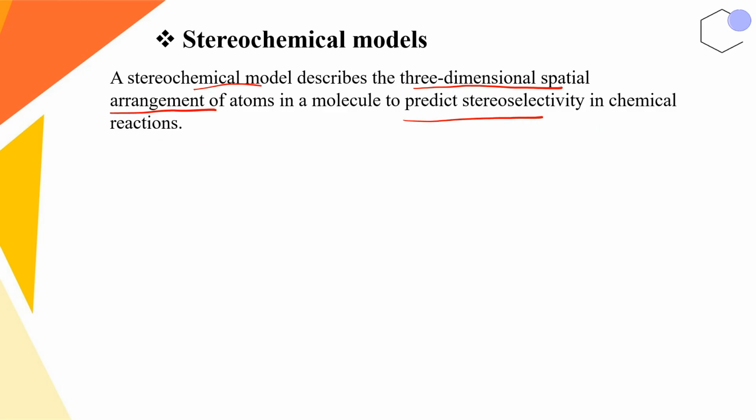Mainly, if you have a carbonyl compound attached to a chiral center, and you add a nucleophile to attack the carbonyl carbon, because the carbonyl carbon is electrophilic, then it can make a new diastereomer. To predict which diastereomer is favored by the nucleophile's attack, we use the stereochemical models.